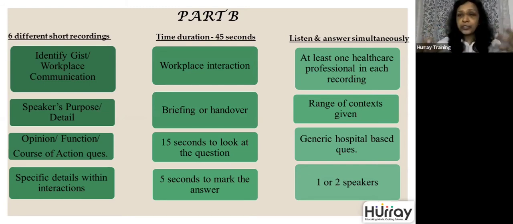How a nurse talks and communicates to another nurse. How you do handovers. Here it's written in the middle here: briefing sessions or handing over charge or taking over charge from the previous shift nurses or doctors. One doctor may be talking to a nurse about a patient, or one nurse may be reporting to a doctor about a patient's condition and treatment, and how they are advancing, how they are responding to the treatment.